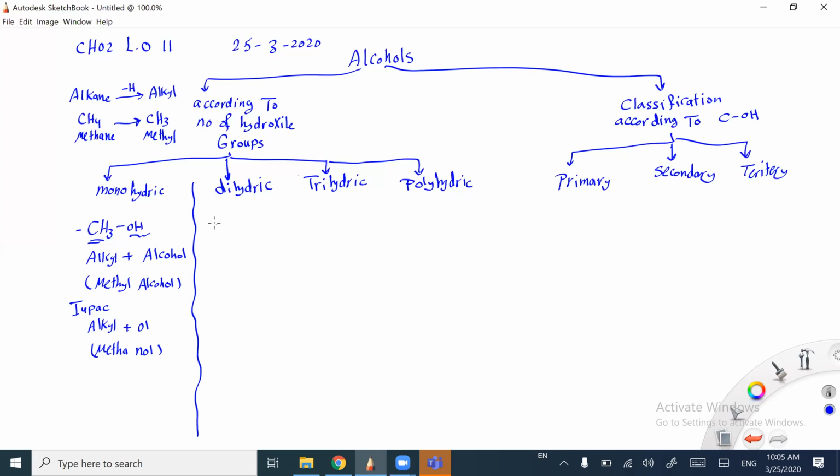So it's like CH2OH, CH2OH. Its name is 1,2-dihydroxy ethane, ethylene glycol.